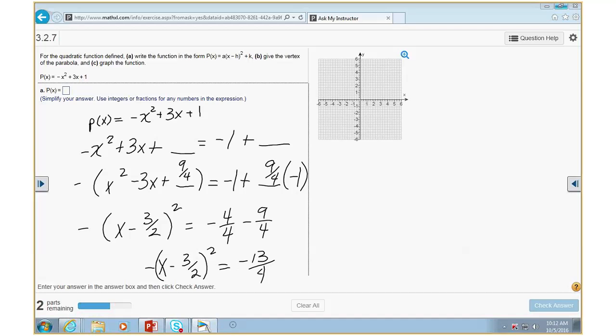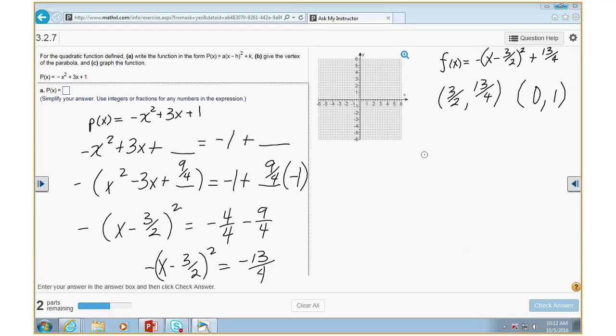So f of x is equal to negative x minus 3/2 quantity squared plus 13/4. There's your vertex form. The vertex is 3/2, comma, 13/4. Y-intercept is 0, 1.